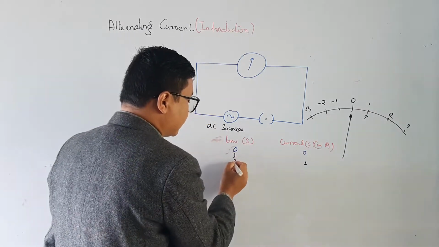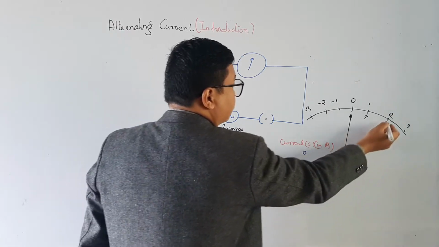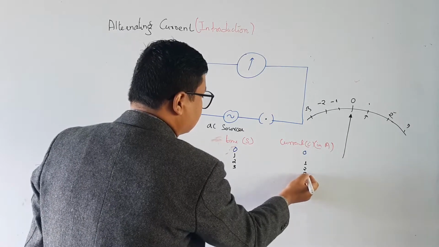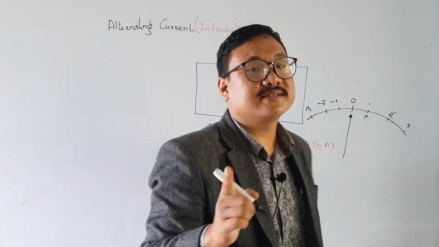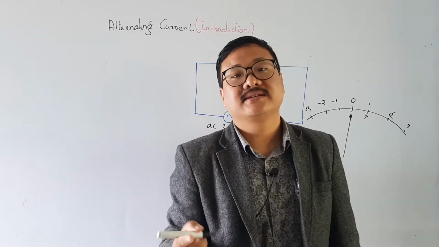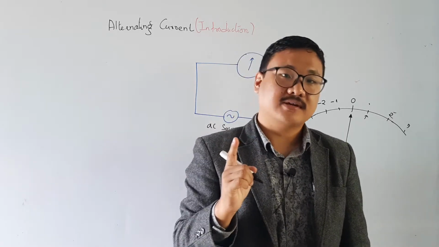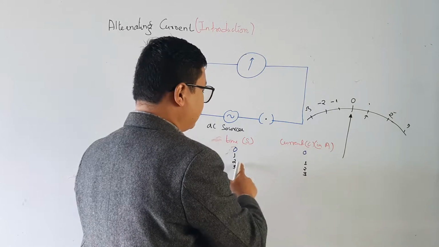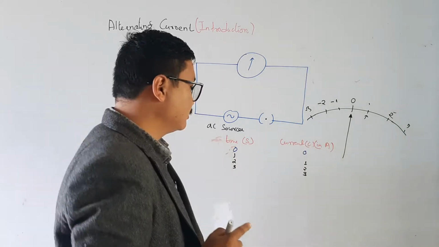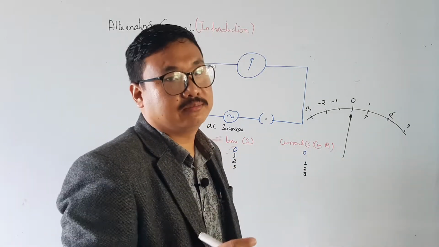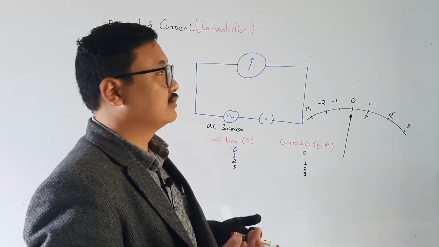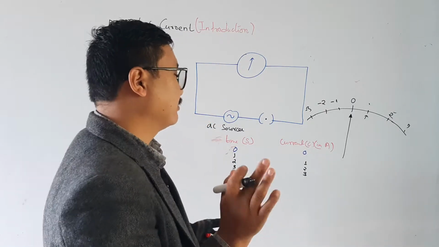In another second, let it reach 2, and in the third, let it reach 3. In each 1 second, the current is increased by 1 ampere. In 0 seconds we have 0 ampere, 1 second 1 ampere, 2 seconds 2 ampere, 3 seconds 3 amperes. We are just doing an observation of a hypothetical experiment, you can say.